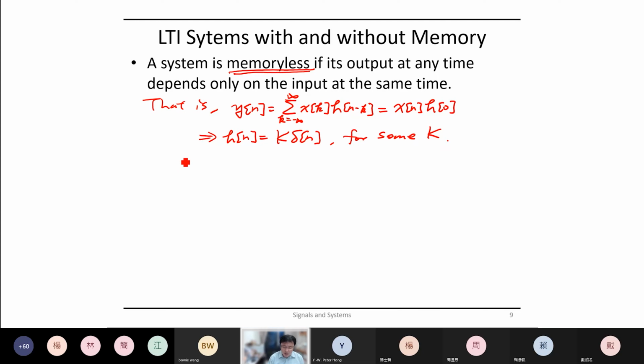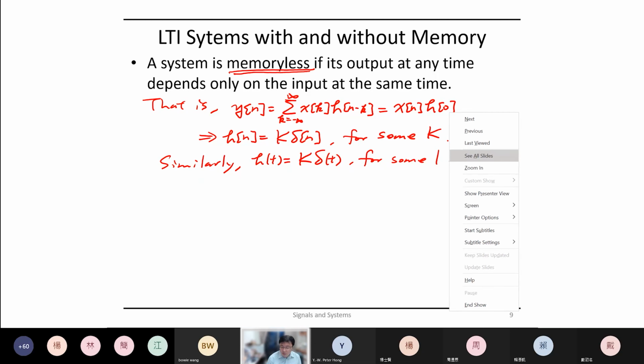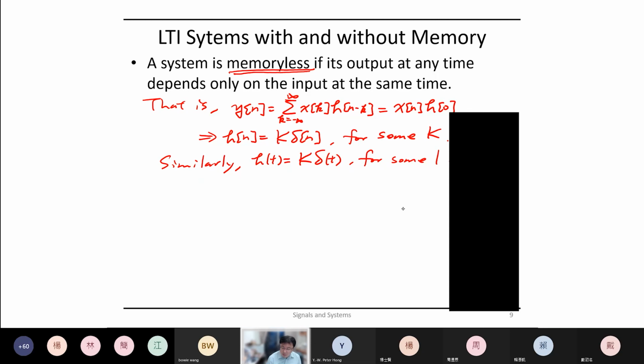Right? So similarly, a continuous time system is memoryless if its impulse response is equal to k times the unit impulse in continuous time, again for some k.